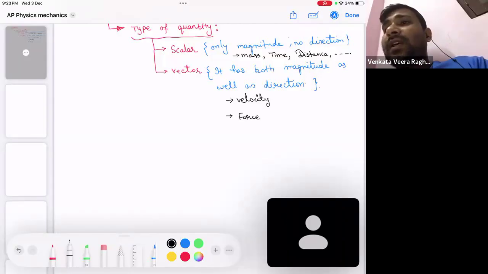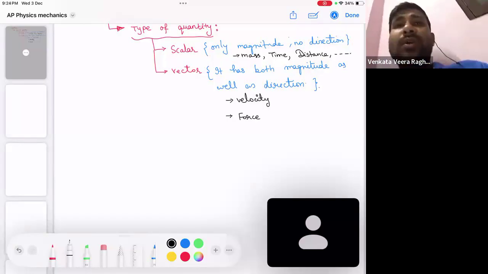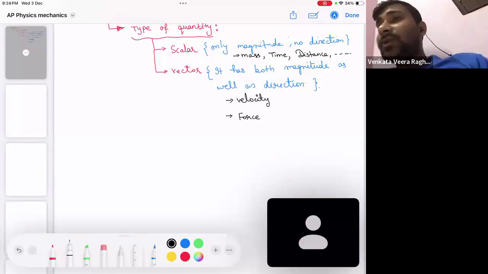But if I ask you, two forces are acting on the particle. One is 10 Newton towards north, one is 5 Newton towards east. What is the total force acting on the particle? Is it 5 plus 10? Or do we need to learn something about how to add vectors?